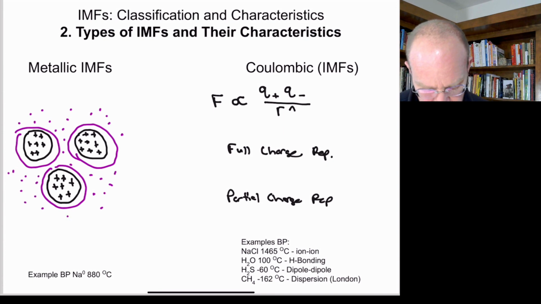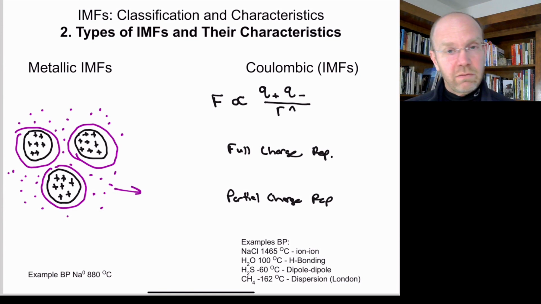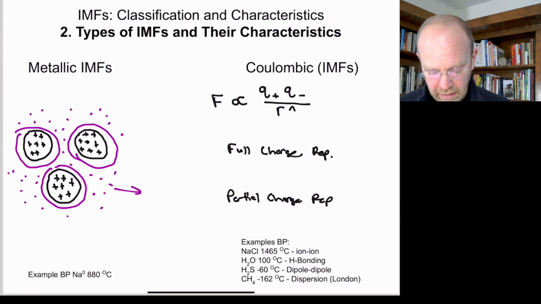That's the reason electrons can flow through a metal, because these electrons can move. If you introduce an electric potential, they can move. They're not attached to the nuclei. They don't have to stay fixed in place. They can just move, right? And so that's what holds metals together.